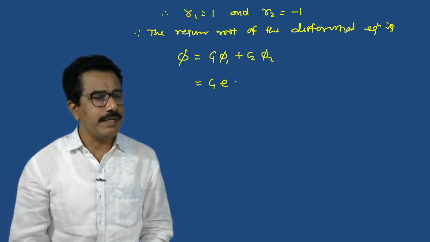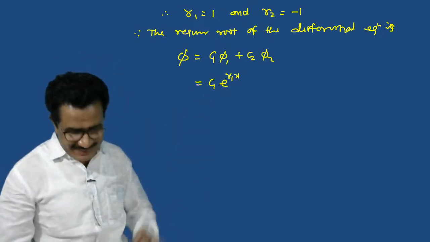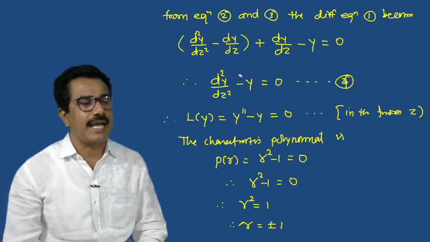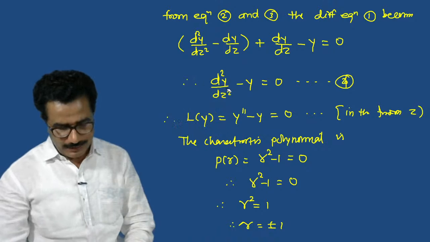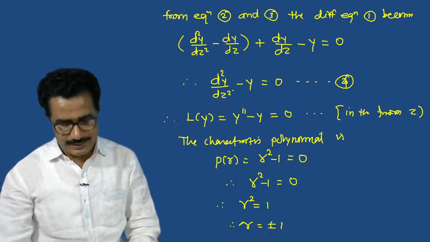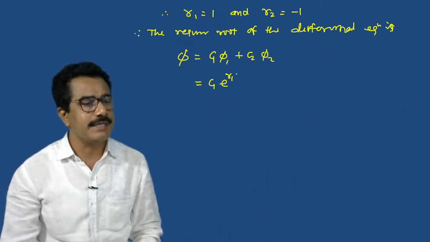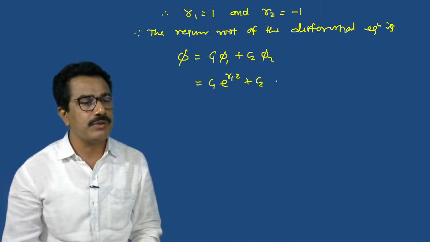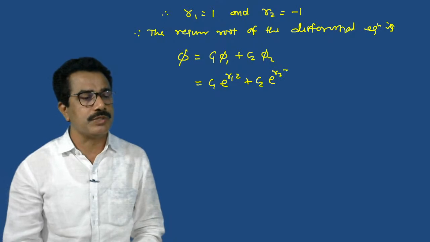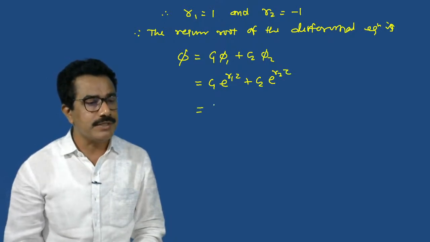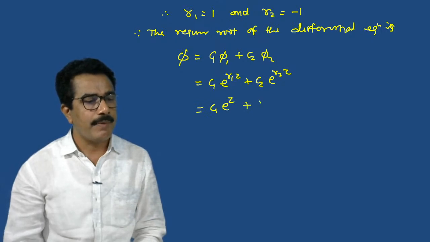So c1 e^(r1 x), but here you should not write x, you have to write z, r1 z, because this is a differential equation of the form z. So we write c1 e^(r1 z) + c2 phi2, meaning e^(r2 z). With r1 and r2, it is c1 e^z + c2 e^(-z).